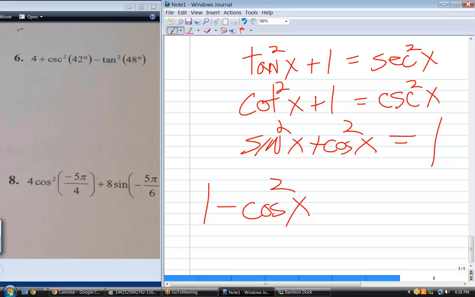It's too easy that way. Just like in this case here, they give a secant squared minus tangent squared. Well, we need to know that that's going to relate in that manner because that's the way you relate tangent squared to secant squared. If we were dealing with cotangent squared and cosecant squared, we'd look to that one. All right.